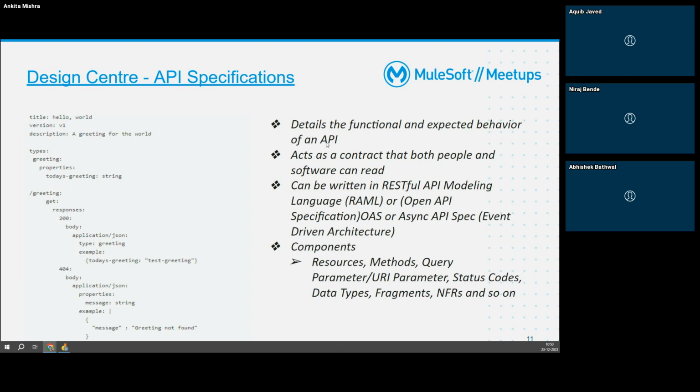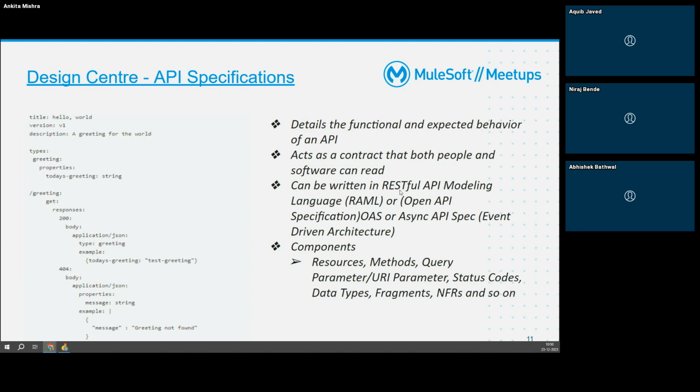Because if all the details are in one place, it will be easier for us to get feedback. It will be easier for the stakeholders to understand what you are expecting out of this particular API. So an API specification will put all the details of the functional as well as expected behavior of an API. It acts as a contract that both people and software can read.